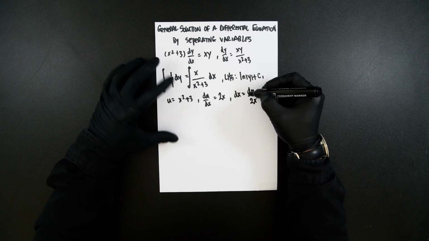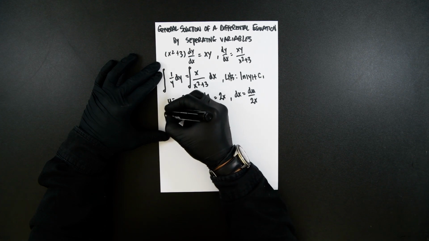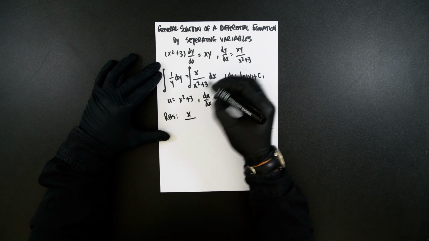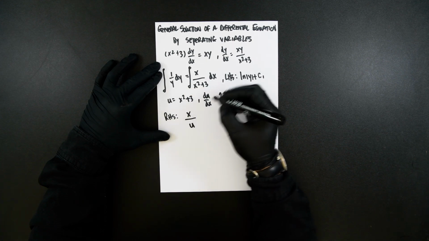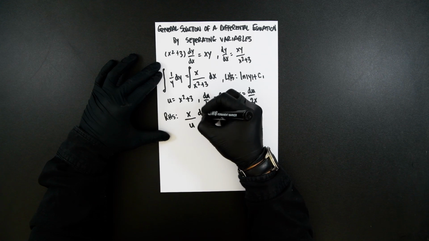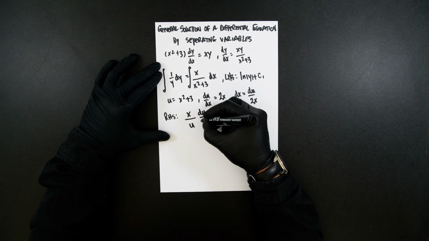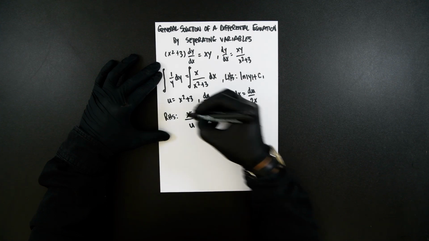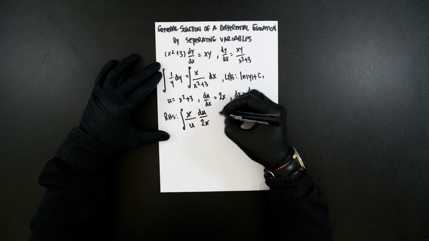Let's now take this and substitute it into the right-hand side. So you're going to get x over u, and dx would then become du over 2x. So now obviously our x's would cancel out, and now we have this integral.